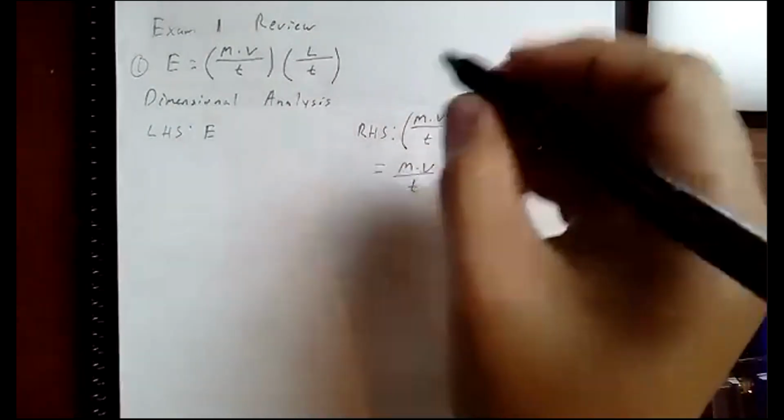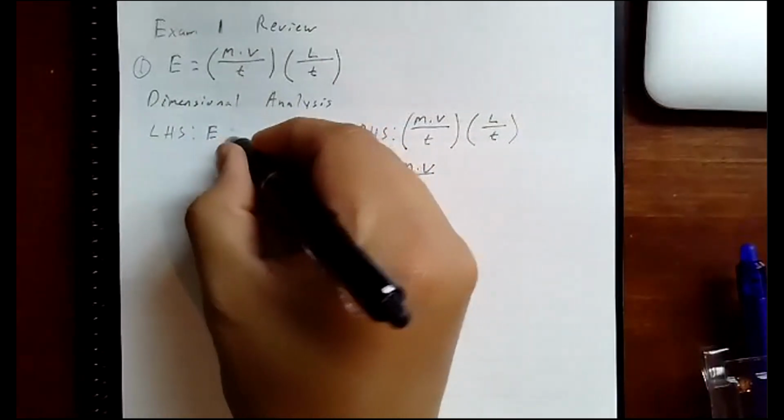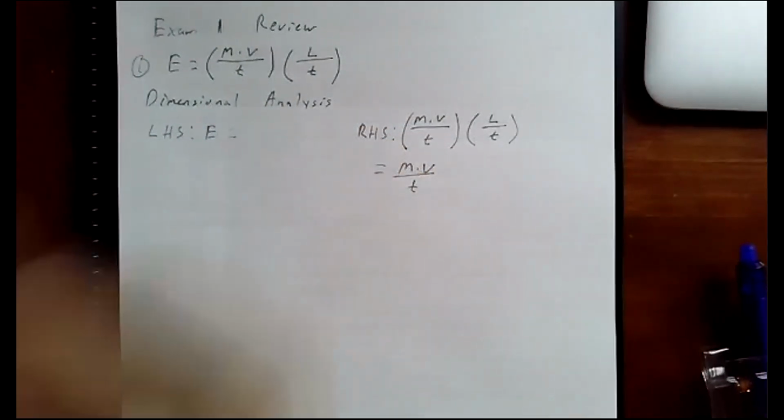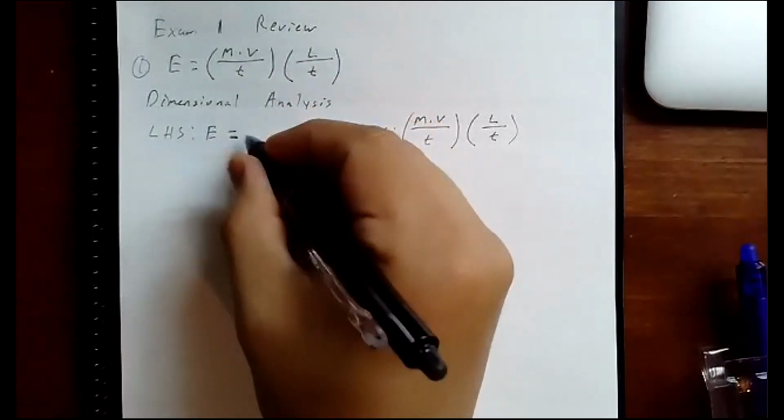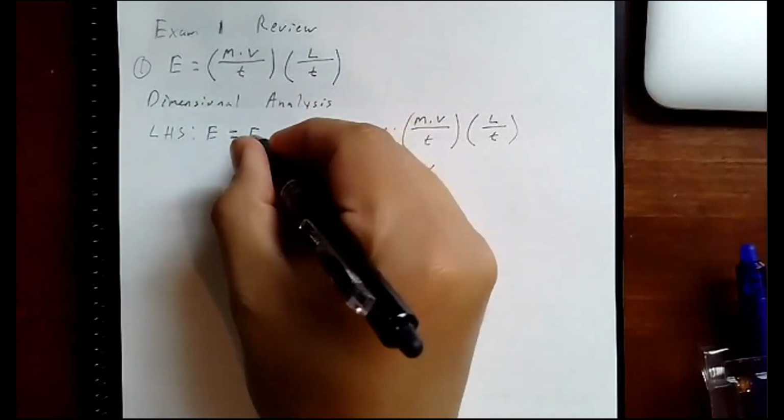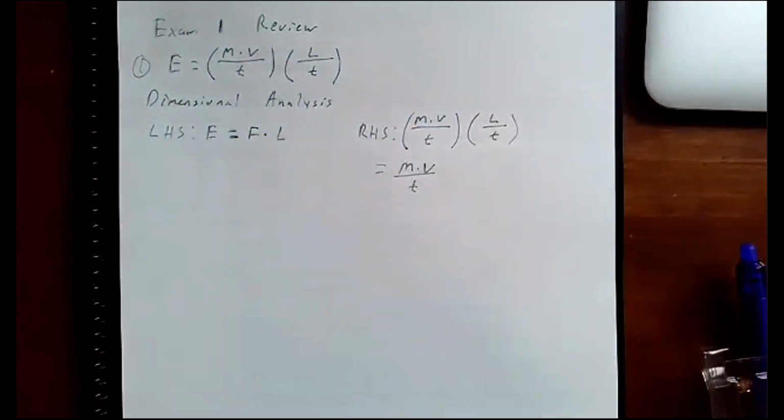E, I'm gonna write it over here, is technically equal to F times L. Okay. So getting it in terms of F and L should get us there.